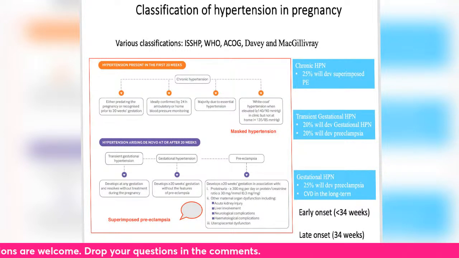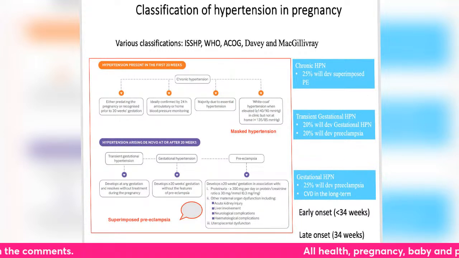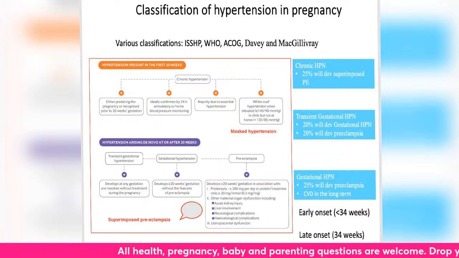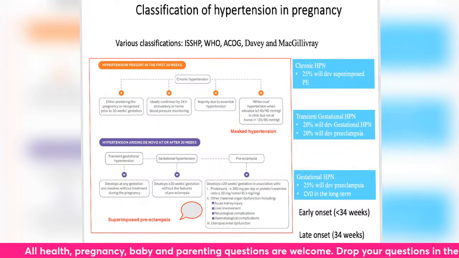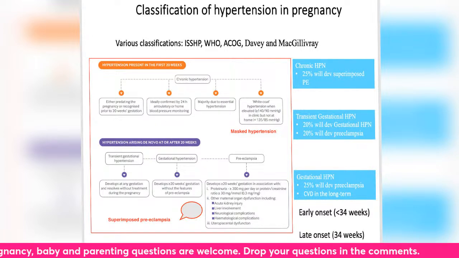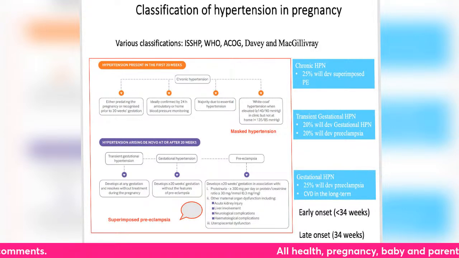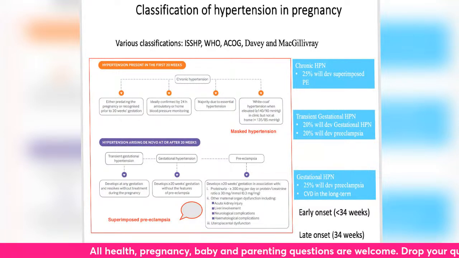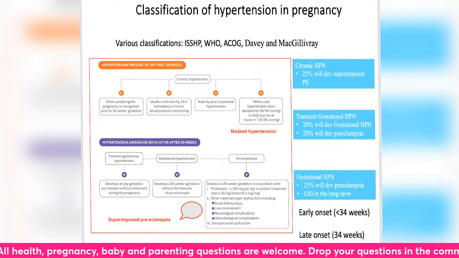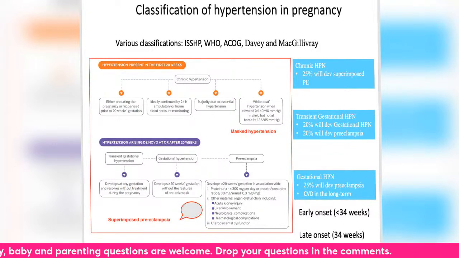If you have multiple gestation, that is twins or triplets, if you have any kidney disease or you suffered kidney disease before, if your age is below 20 years or above 40 years, if you have an autoimmune disease, and if you have a family history of hypertension, then also if you are Black, or you are Asian, or you are Black American, the possibility that you can develop hypertension in pregnancy is high.